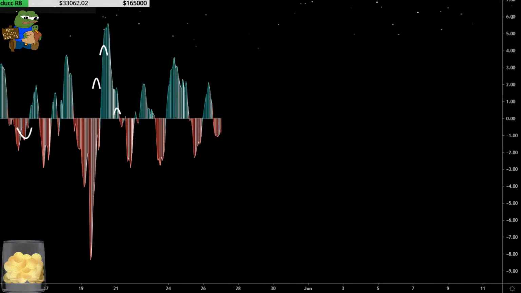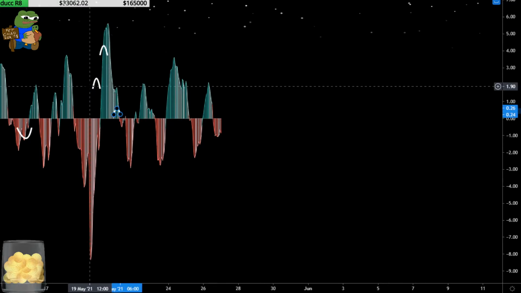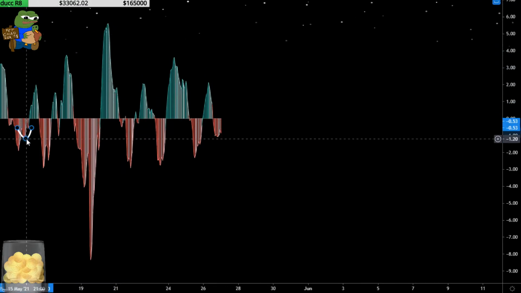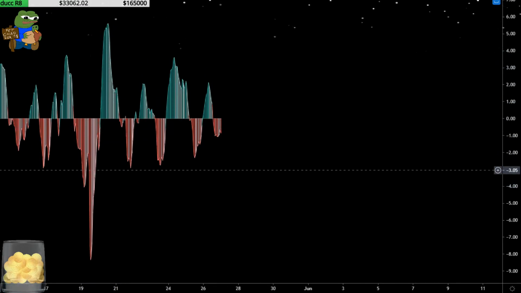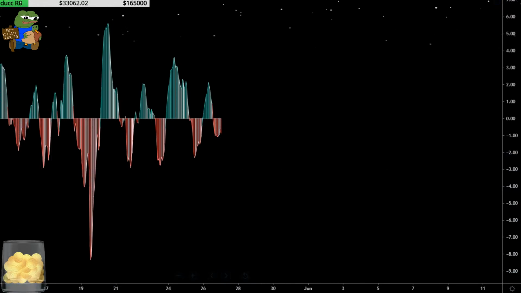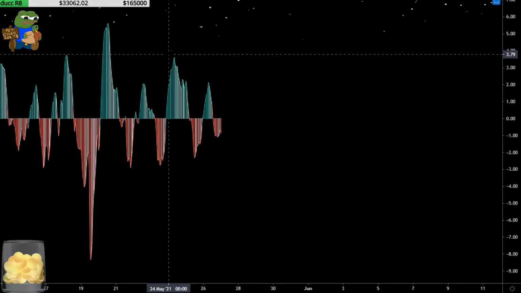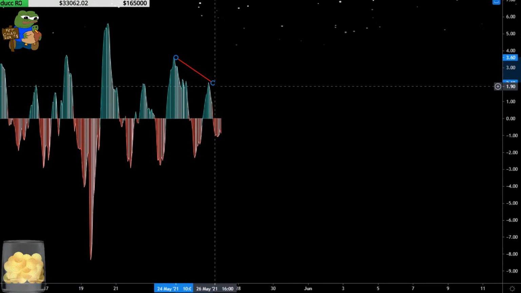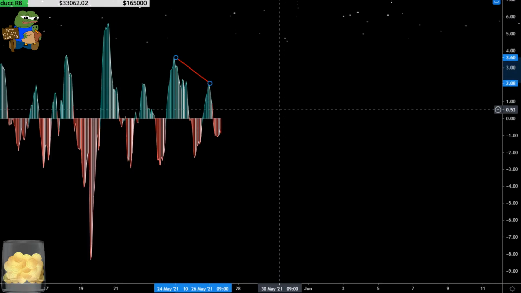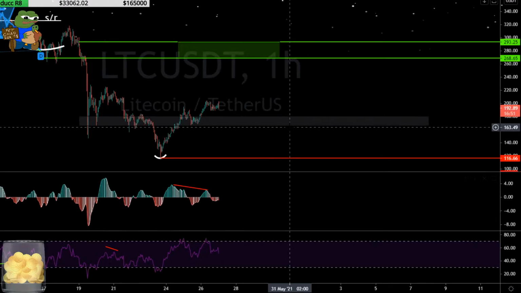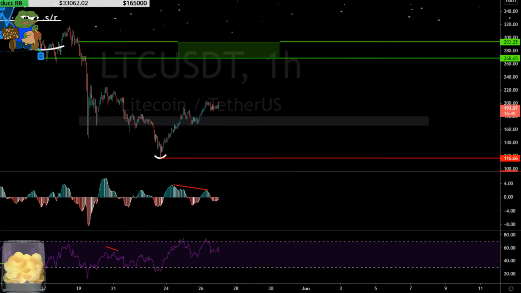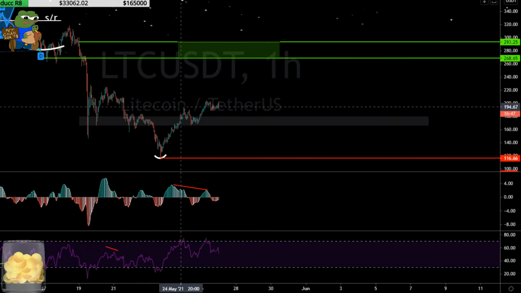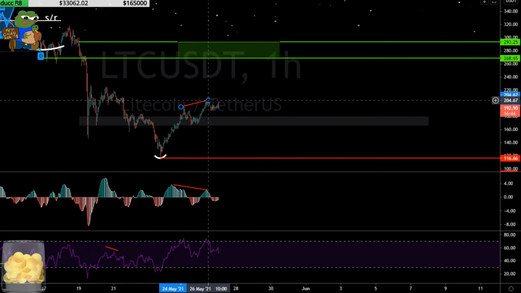On Litecoin here again, look at these. Some of these are coming from different time frames. It gets messy. If you look at the momentum, you're bearishly diverging on the MACD, where your most recent price action was this recent high followed by another slightly higher high.